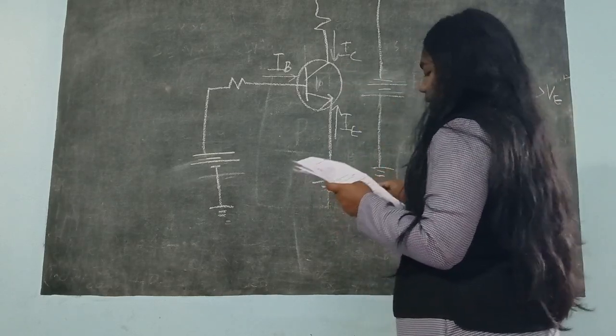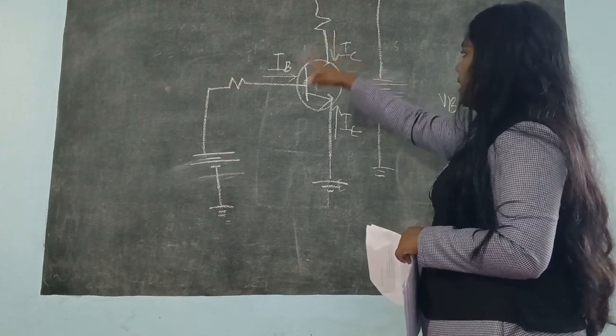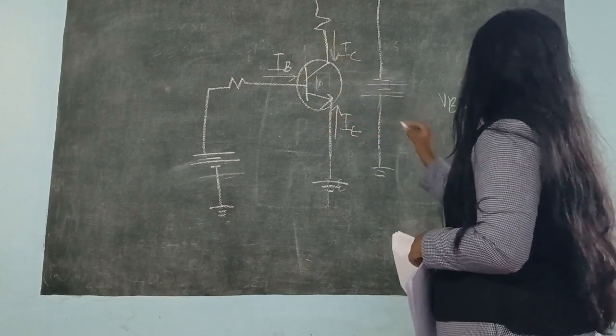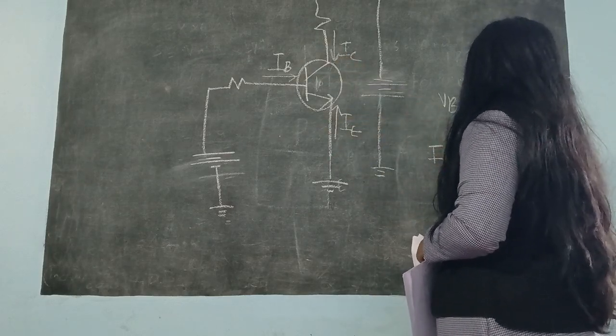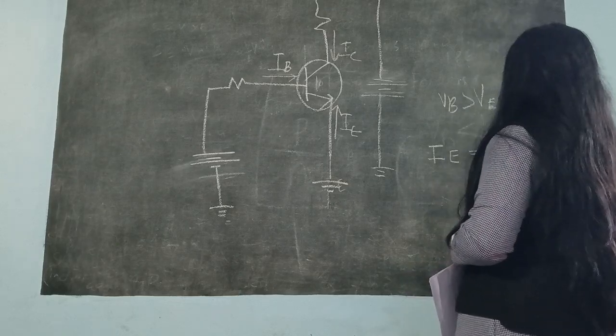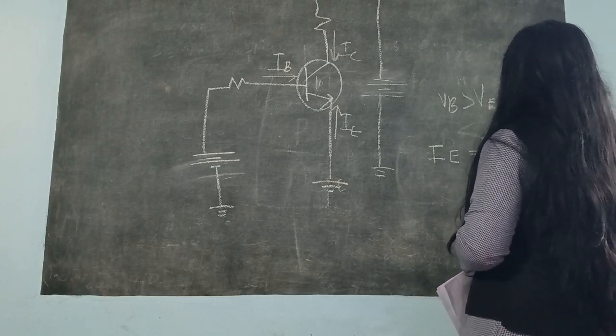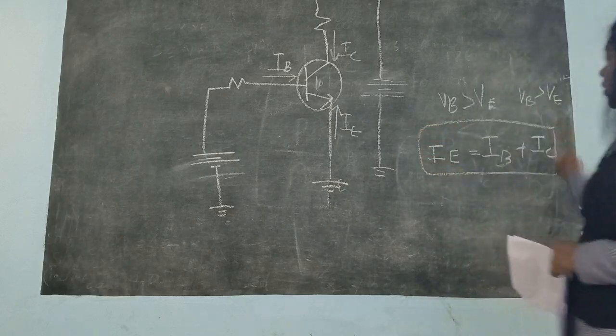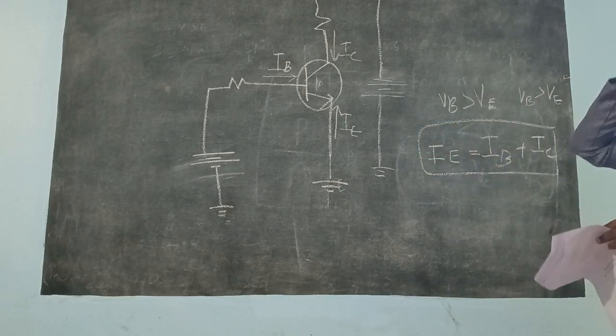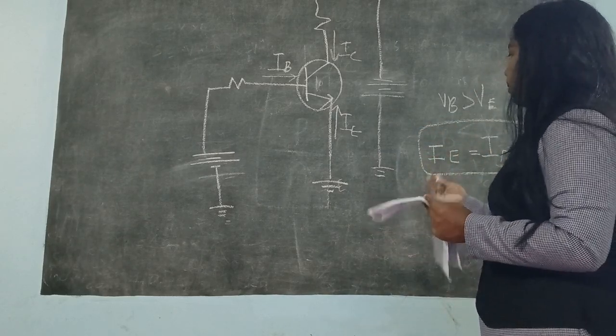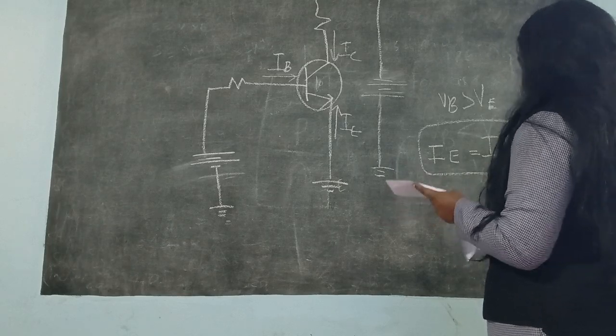Now we can see in this figure that IE is equal to IB plus IC.